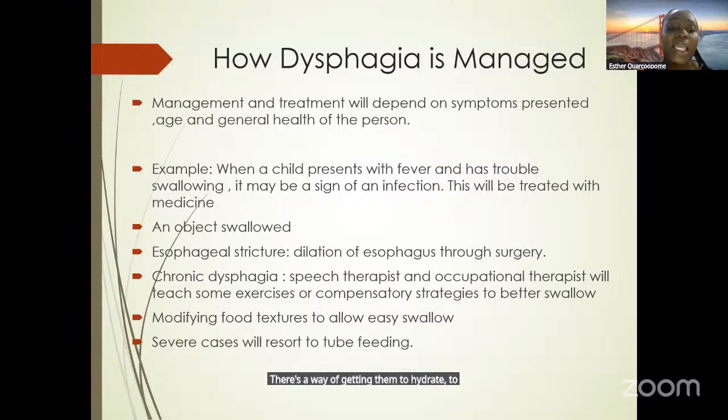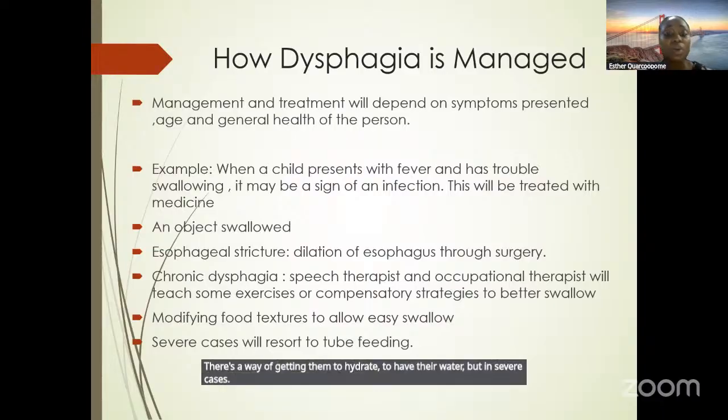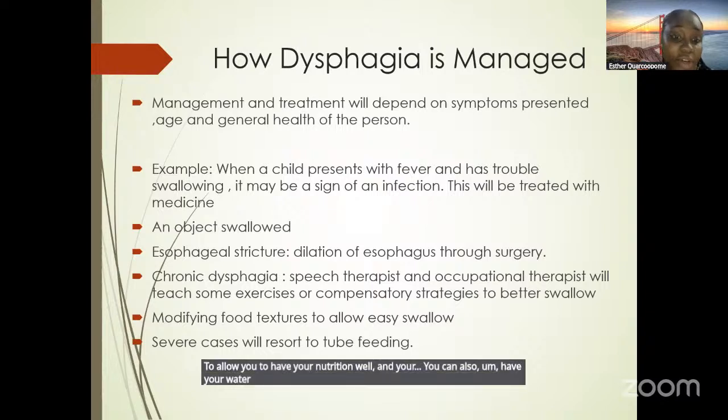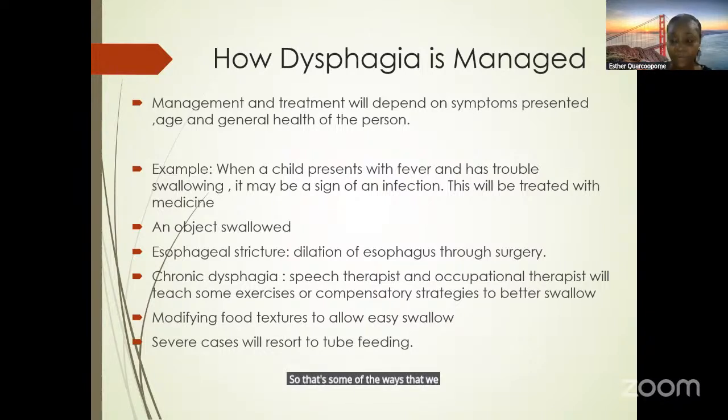But in severe cases where they cannot feed at all or swallow at all, we resort to tube feeding. You feed through the tube to allow you to have your nutrition well, and you can also have your water to hydrate well. So that's some of the ways that we can manage dysphagia.